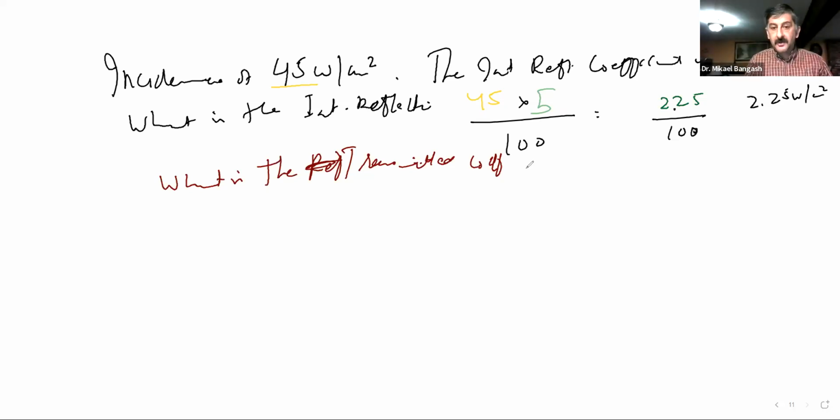Now, that is going to be straightforward, because for that you just have to subtract 5% from 100%, or from 100, which gives you 95%. Did that make sense?